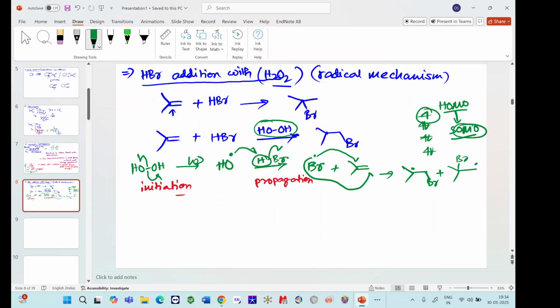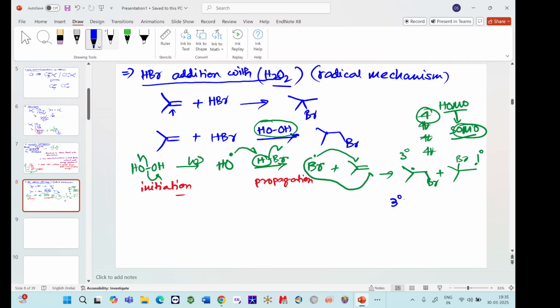Now this 3-degree radical and this 1-degree radical, the 3-degree is much more stable. Okay, the same reason we considered for the 3-degree carbocation being more stable can be used for the 3-degree radical also: hyperconjugation.